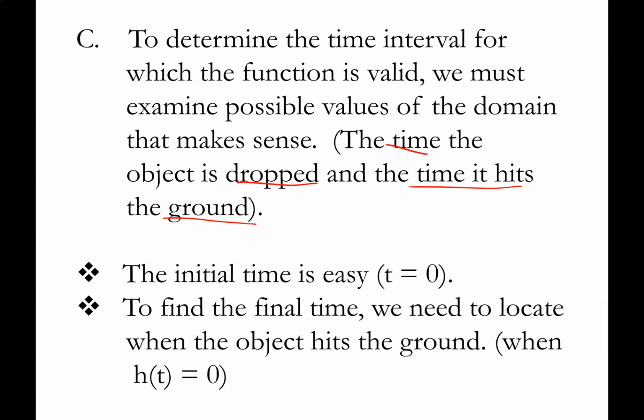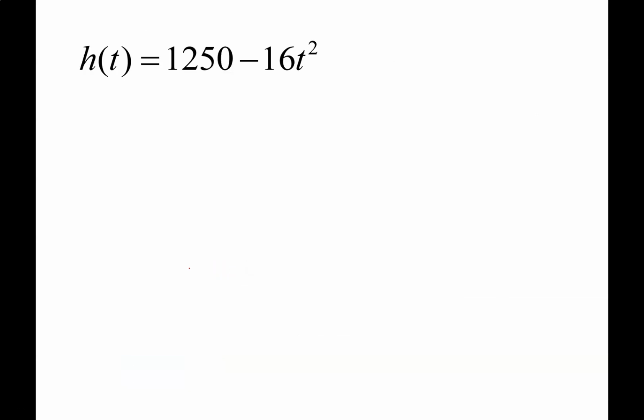The initial time is easy for my domain: 0. The final time, we have to find when the object hits the ground, in other words, when my height is 0. So I'm not going to use my derivative function for this. I'm not trying to find a reasonable domain for the derivative. I'm trying to find it of the function.